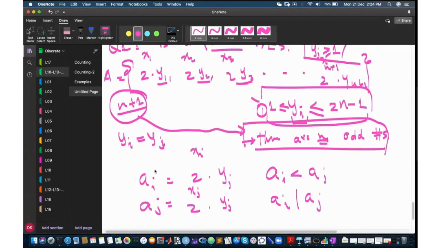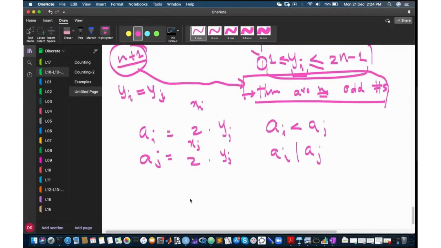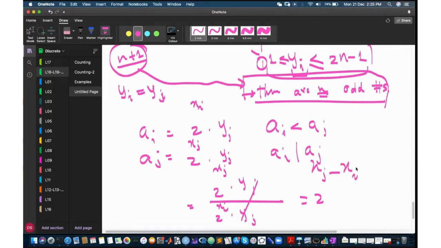All right, so basically, let me do it for you. So aj is 2 to the power xj times yj, and ai is 2 to the power xi times yj. ये cancel हो जाएगा and I'm left with 2 to the power xj minus xi. Okay, और ये दोनों integers हैं, तो इसका मतलब ये है कि ये जो चीज़ है ना, ये भी एक integer है. Okay, which means that ai divides aj.